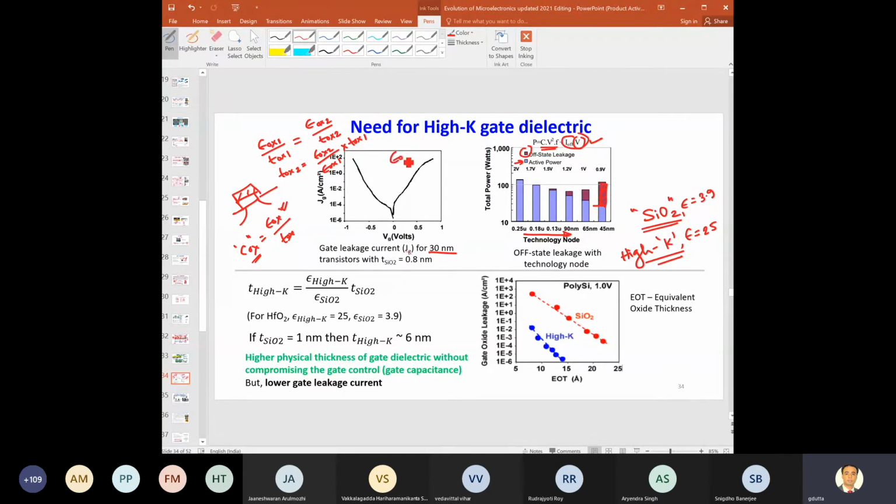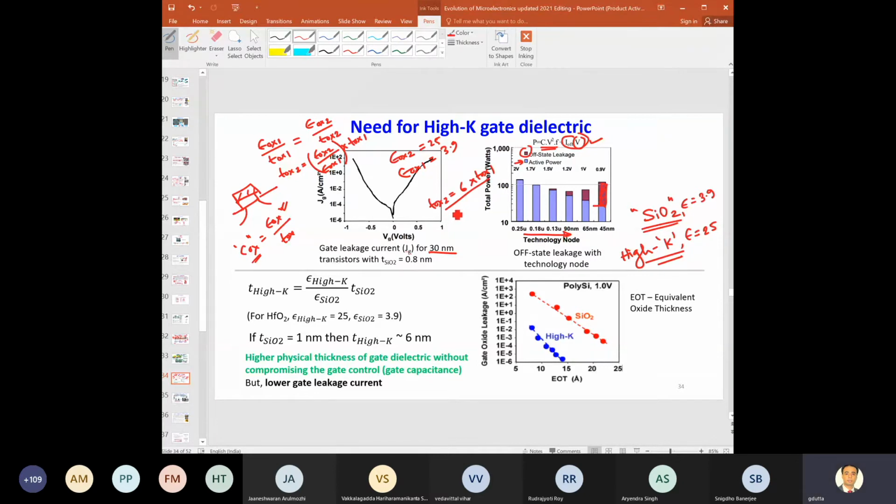Now suppose epsilon ox2 is 25 and epsilon ox1 is 3.9. Then this ratio becomes about 6, right? So we can write Tox2 equal to 6 times Tox1, isn't it?